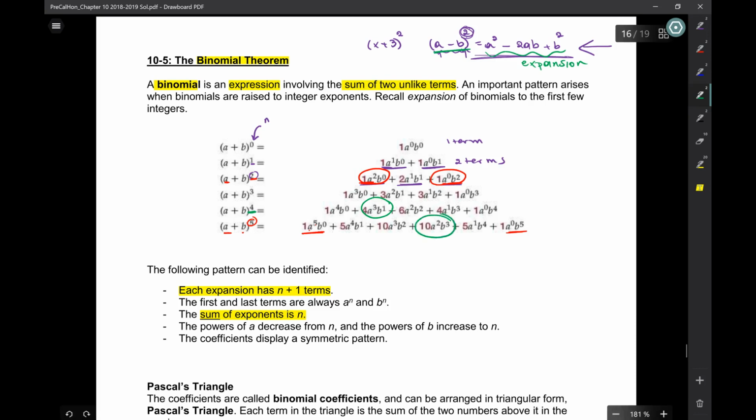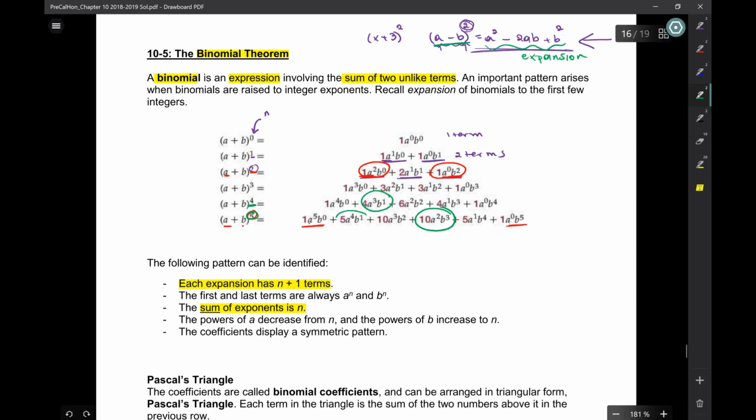This one. Exponent of 2, exponent of 3. 2 plus 3 is 5. Oh my God, exponent of 5. All right, let's look at this one. Same row. Exponent of 4, exponent of 1. Oh my God, it's a 5. So with each expansion, the exponents in each term add up to n.